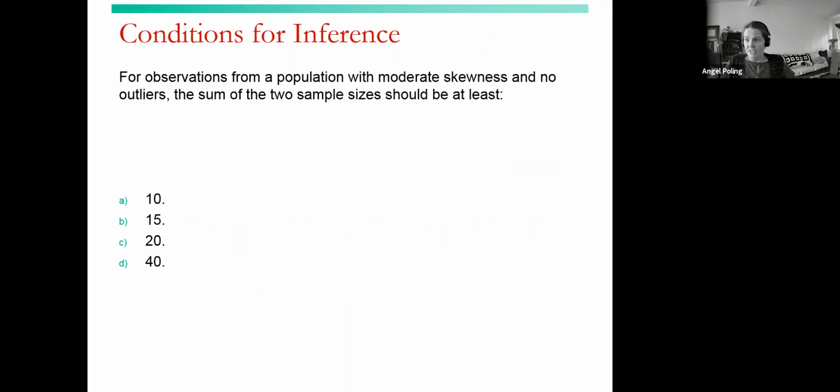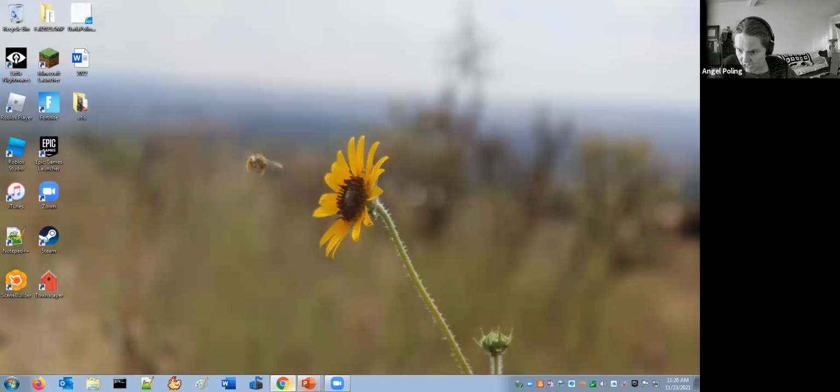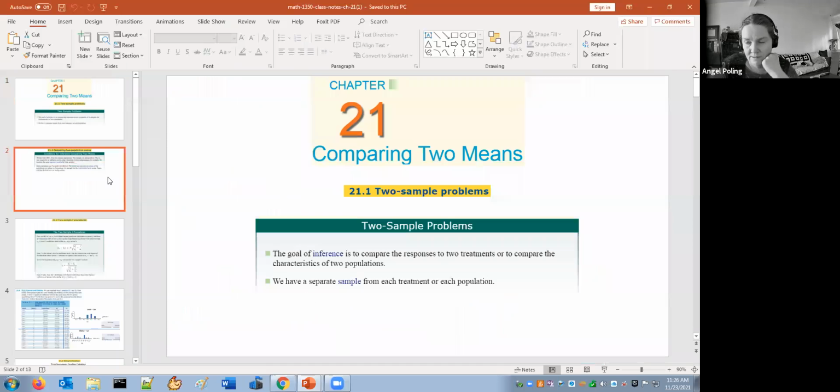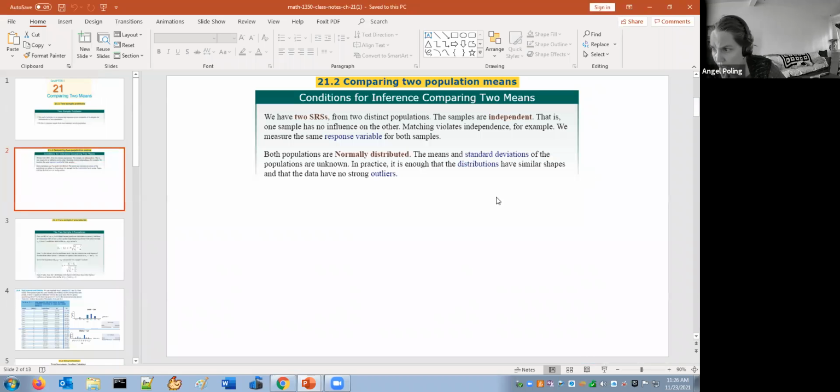For observations, I don't think we got this one yet. See, that's what I mean. Let me click over, because I think there's stuff missing from that slide that's given to us in the book, maybe. Let's see, conditions.